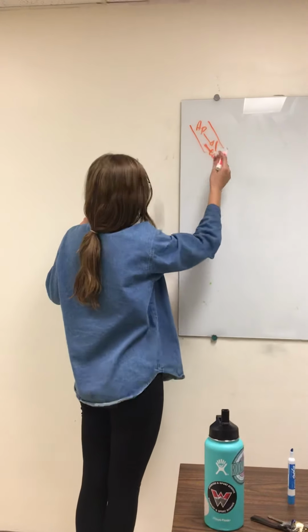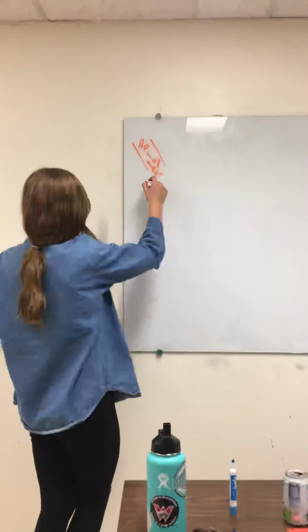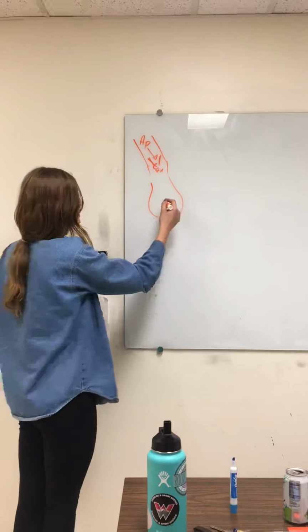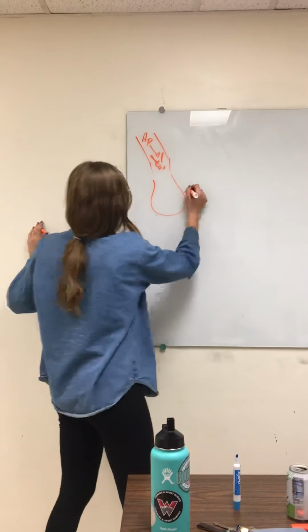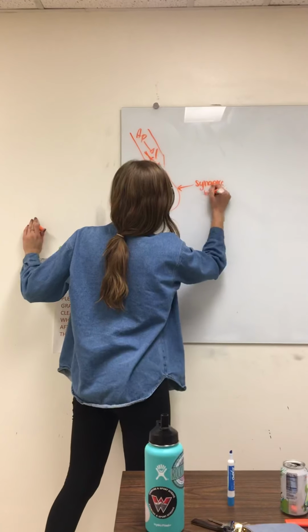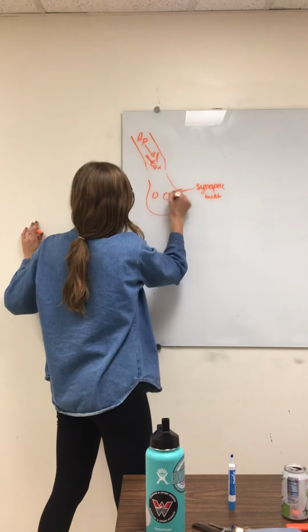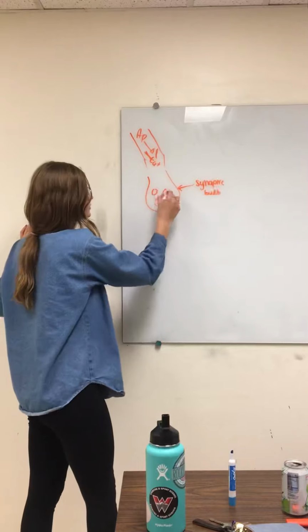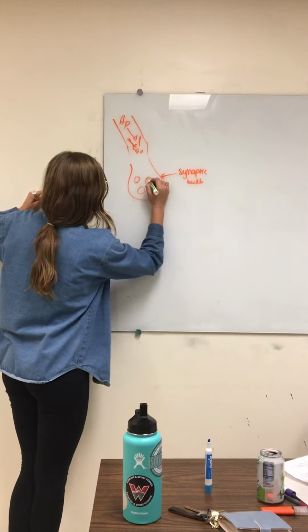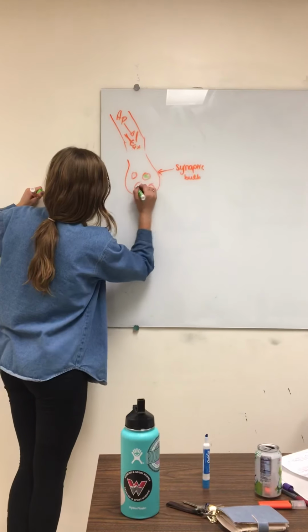And then once the calcium flows through, this is a horrible drawing, it hits the synaptic bulb. And then in the synaptic bulb, you have synaptic vesicles, which contain acetylcholine inside.